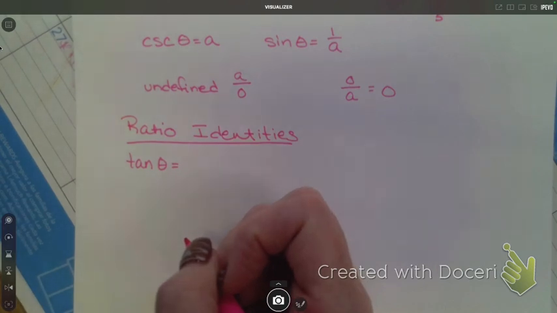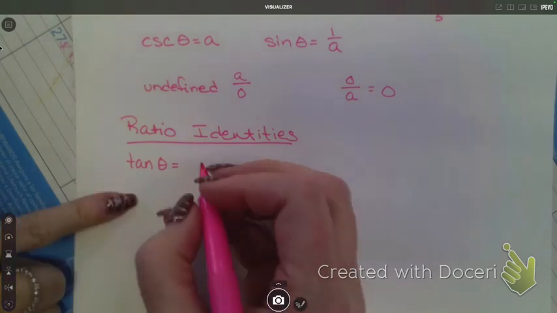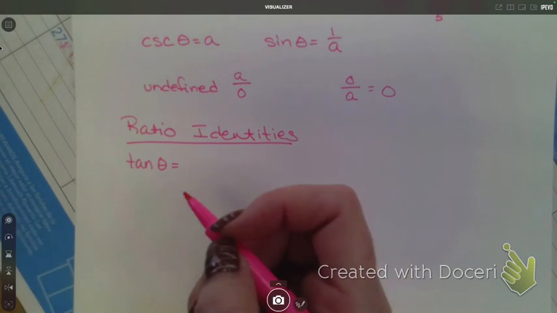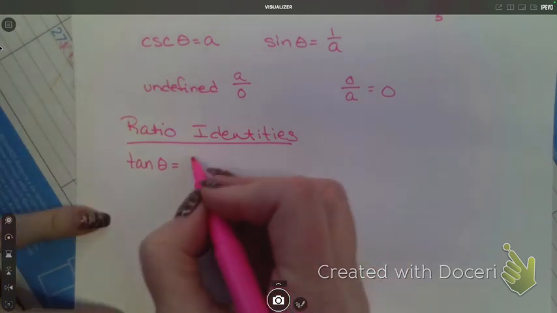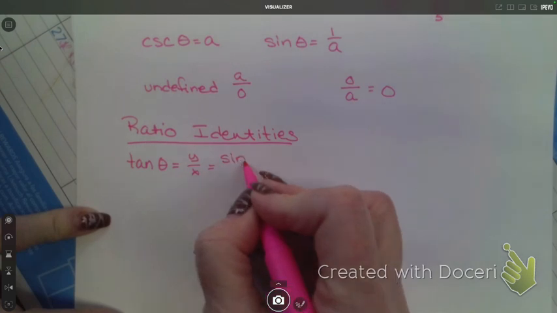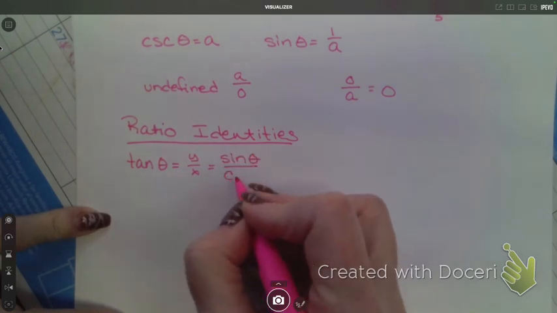Okay, what function involves y? Sine, cosine, tangent, which one's y? Sine. Which one's x? Cosine. So tangent is y over x. It's also sine of theta over cosine of theta.